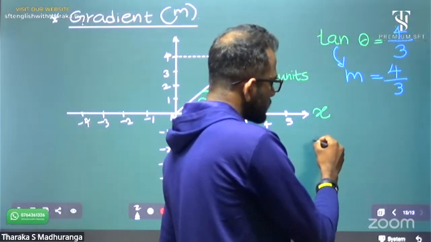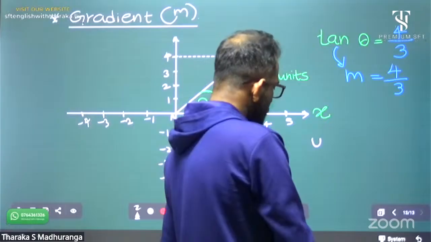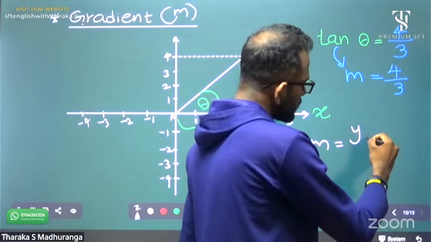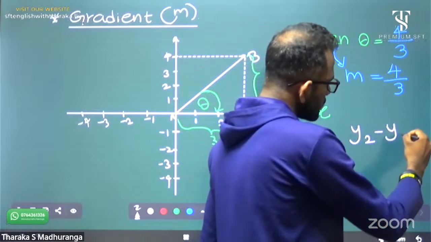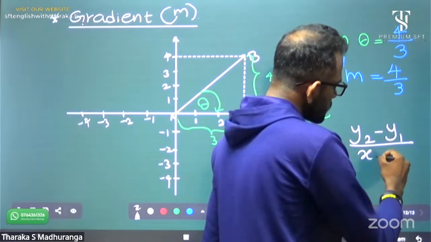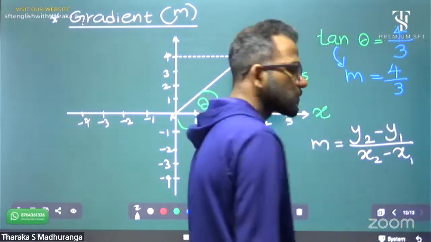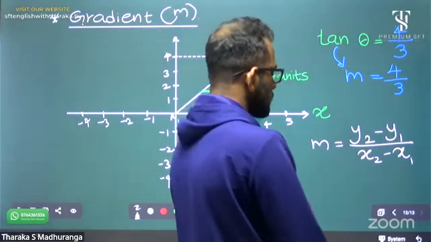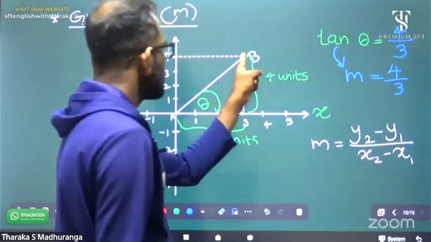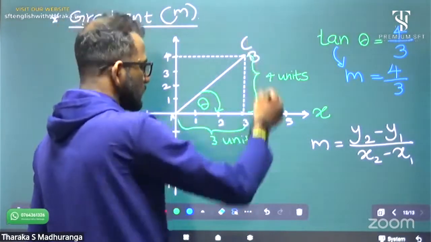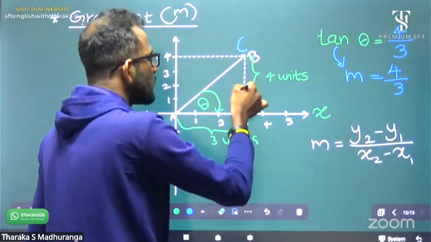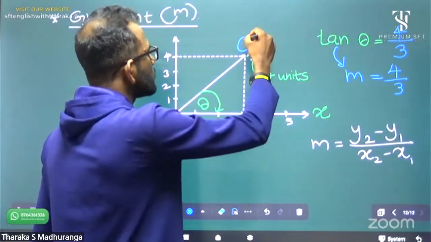If this is the short method, m equals gradient equals y2 minus y1 over x2 minus x1. For this equation, what are the B point coordinates? A point coordinates are 0, 0. B point coordinates are 3, 4.